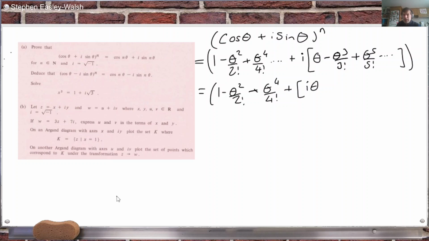But what's i cubed? That's equal to minus i. So you can just put that inside as i theta cubed over 3 factorial. And likewise, you can do the same thing here. That would be i theta to the power 5 over 5 factorial, because i to the power 5 is i.